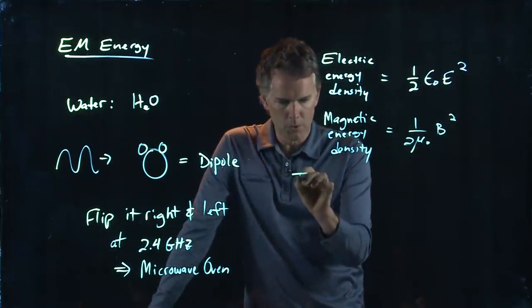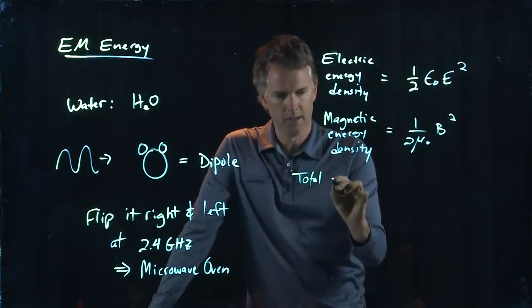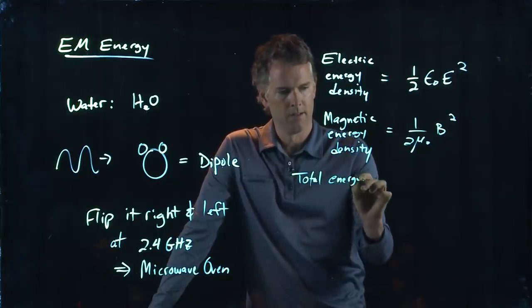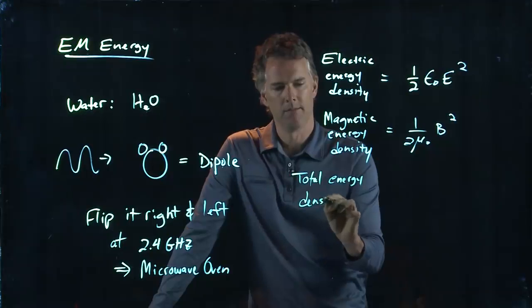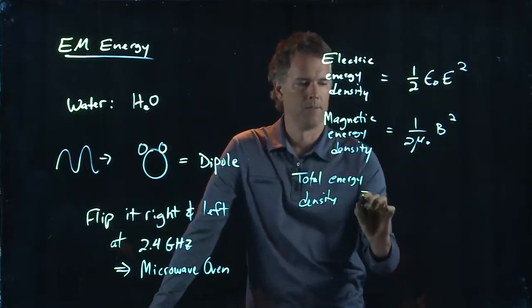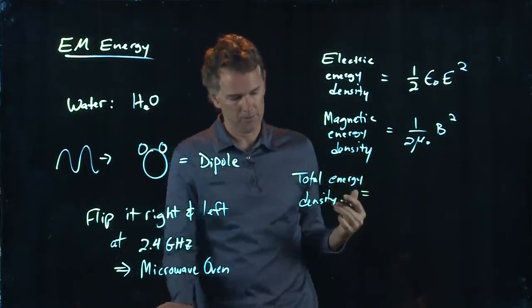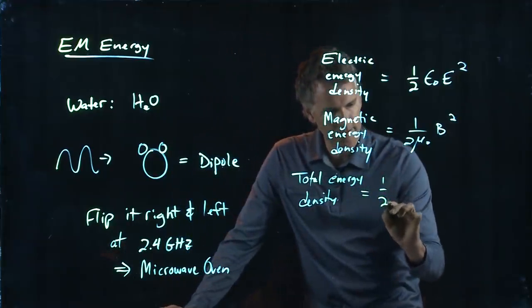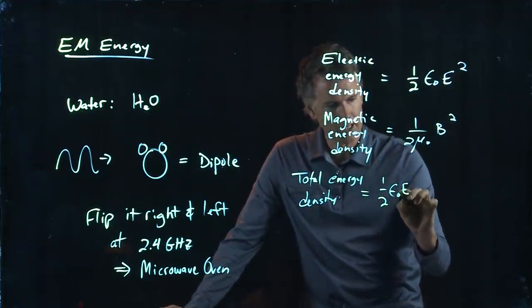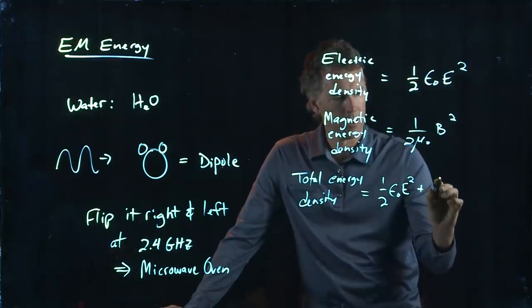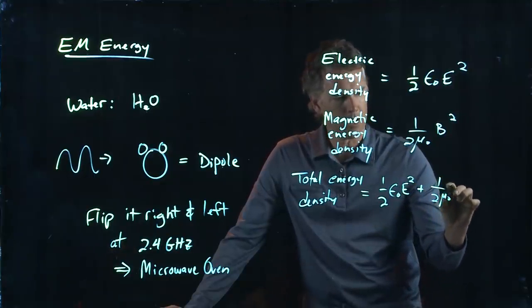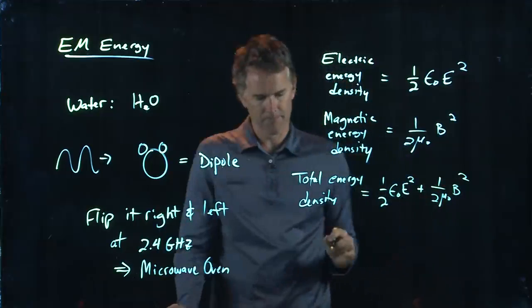And so the total energy density in a wave is just going to be the sum of those two. It's 1/2 epsilon naught E squared plus 1/2 mu naught B squared.